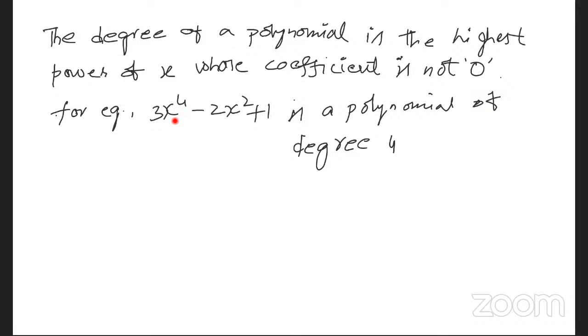Look at this one: the highest power of x is 4, so the degree is 4, whose coefficient is not 0. We'll take one more example.